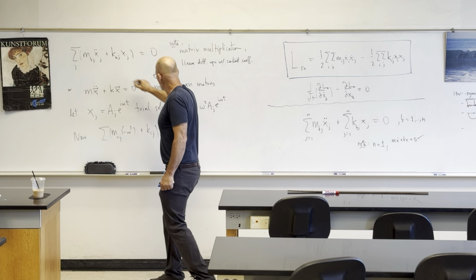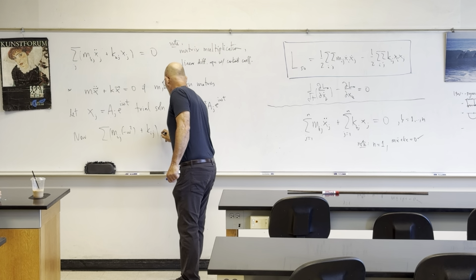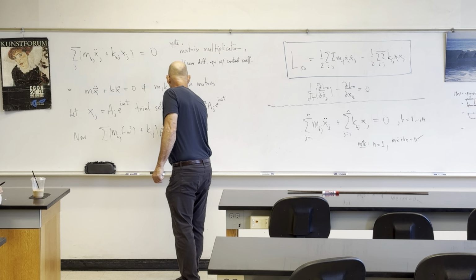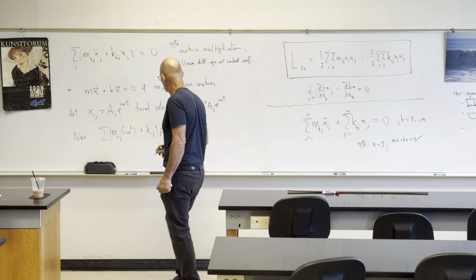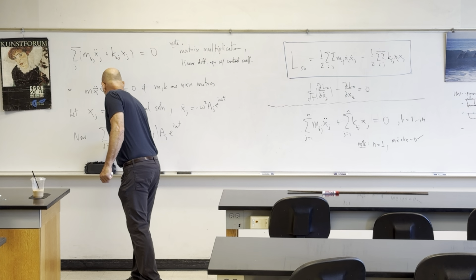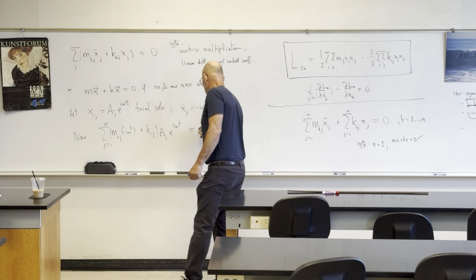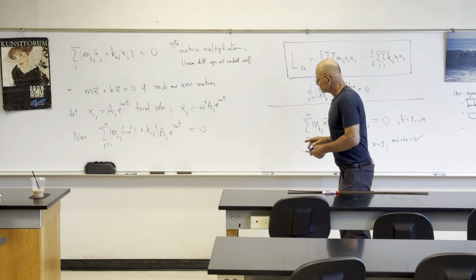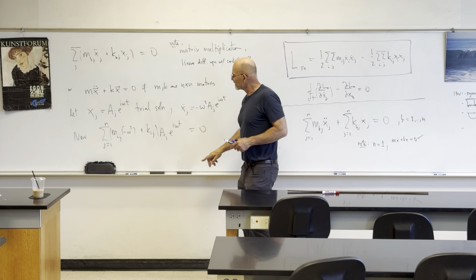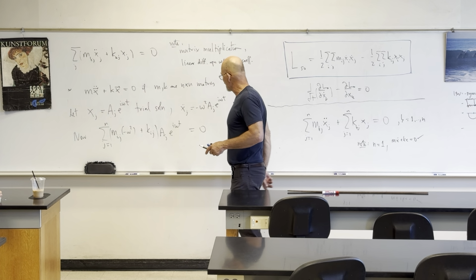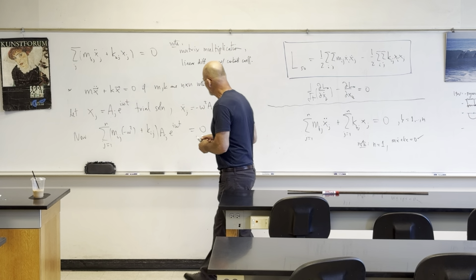Both of these have the common factor A_J e to the i omega t, equals 0. So again, row times column. This one we can actually leave out, since it's common to each one of these equations, so I'm just going to strike it from the record.